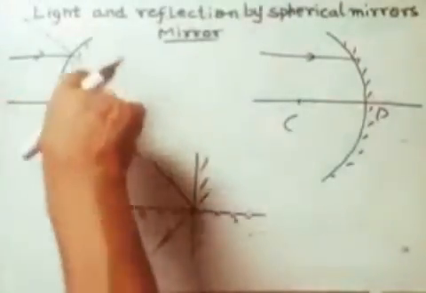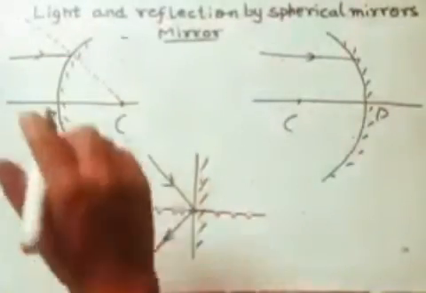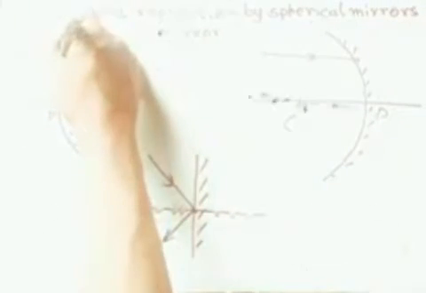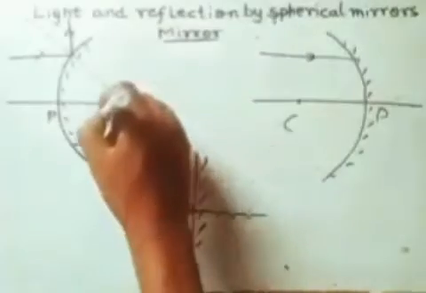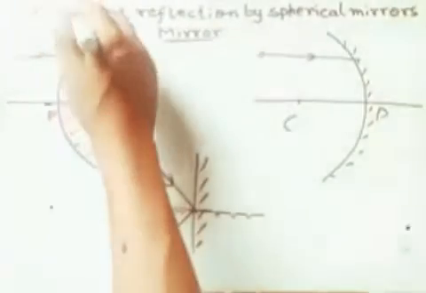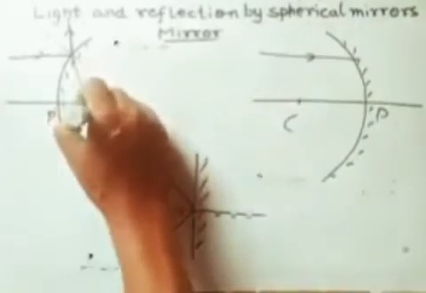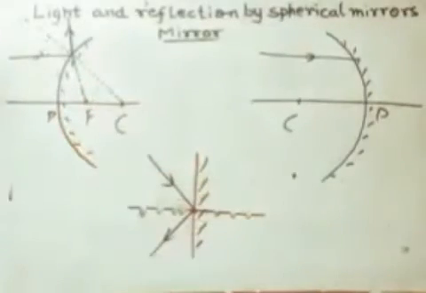So from the center of curvature, we will draw this normal, and whatever the angle of incidence was, the reflected angle will be equal. So if we produce it backward, we get some point here, which is called the focus.